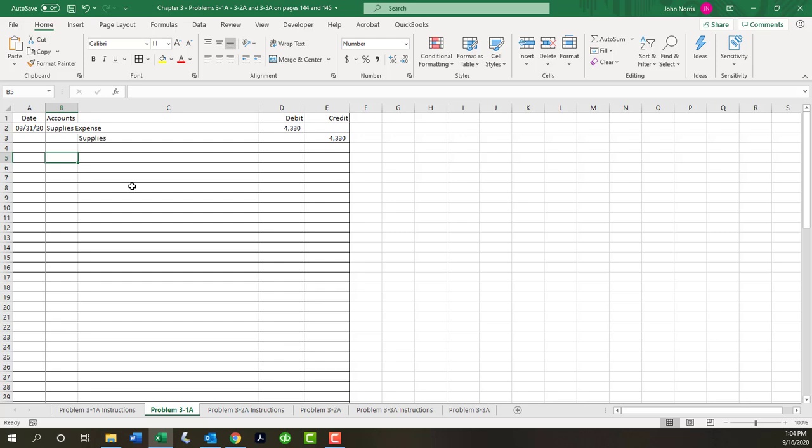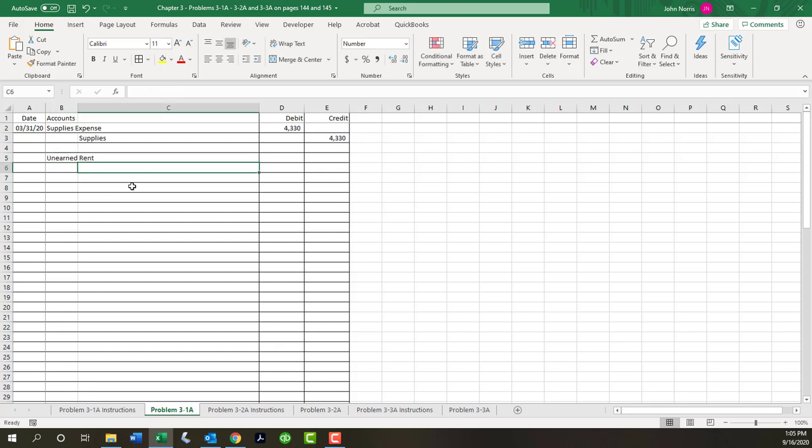The unearned rent account balance on March 31st is $5,000, representing the receipt of an advance payment on March 1st of 4 months rent from tenants. So our debit here is going to be unearned rent, which is a liability.